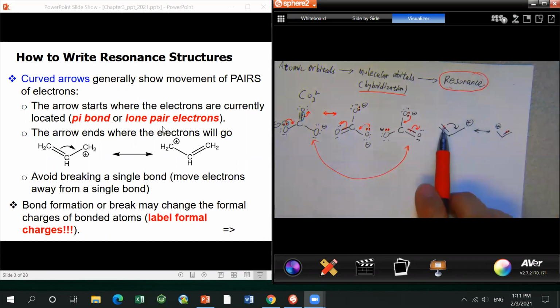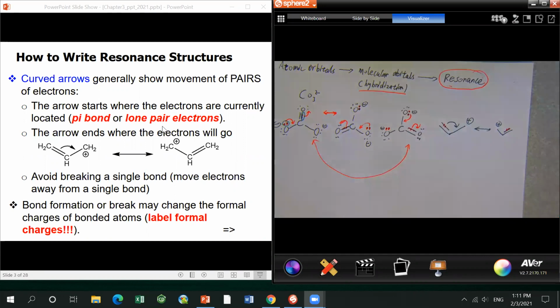You need to start where the electrons are originally located, and then point to where the electrons will move to.